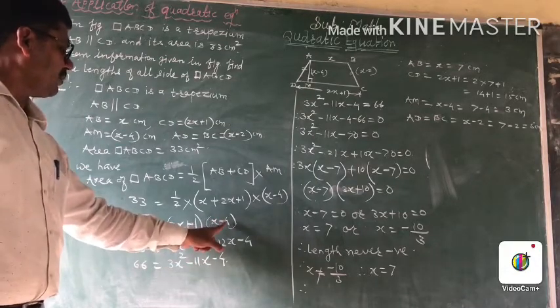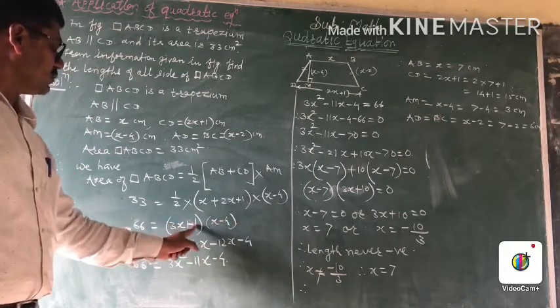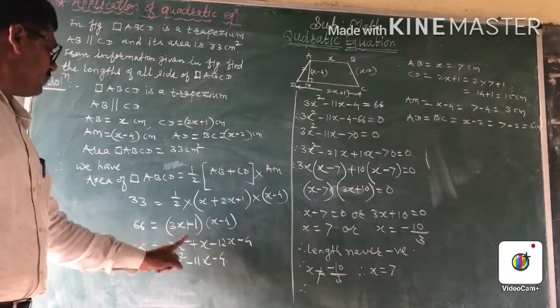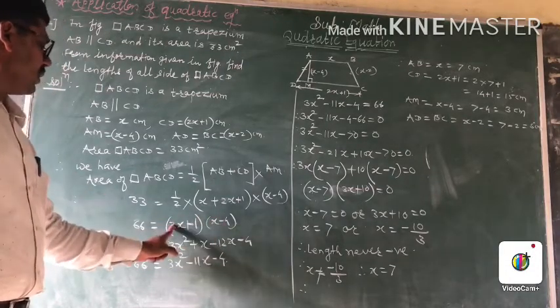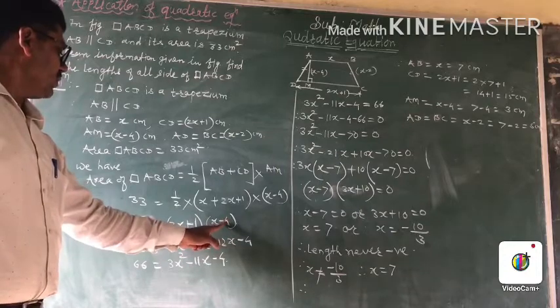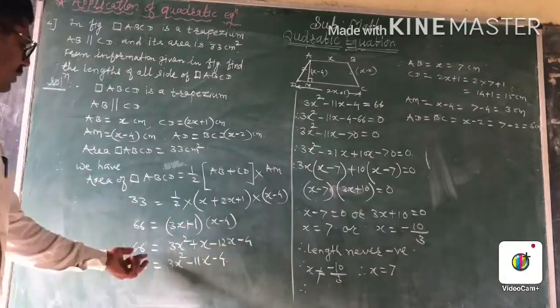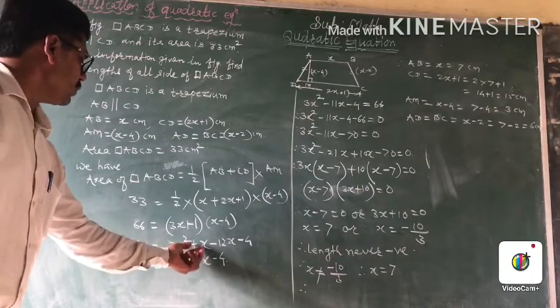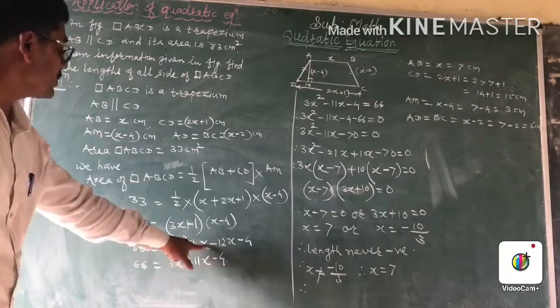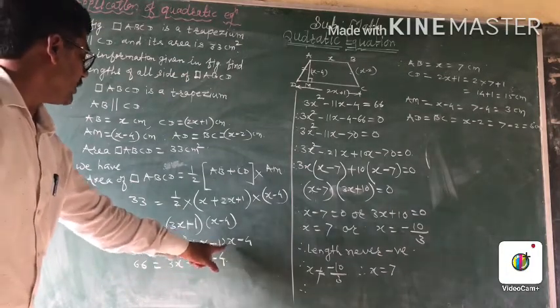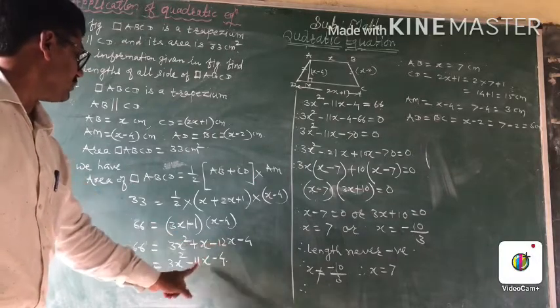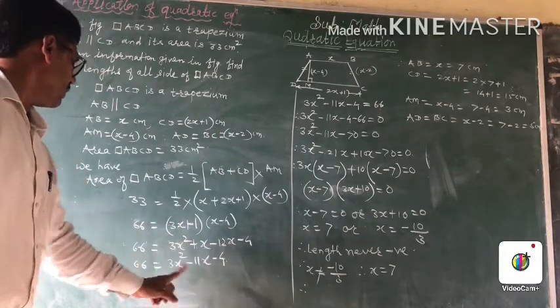Then multiply by minus 4 to these two terms of the bracket: minus 4 into 3 is minus 12x, minus 4 into 1 is minus 4. Now here is 3x square, plus 1x minus 12x, which is minus 11x, and minus 4 as it is.